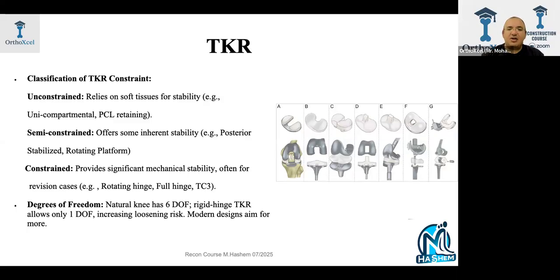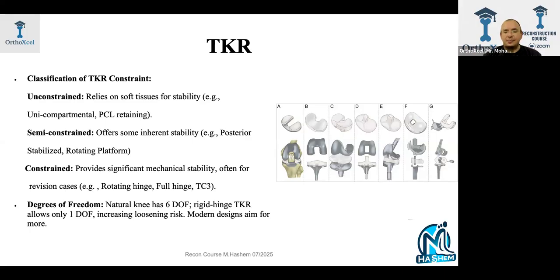The constrained knee maintains stability and compensates for any lost inherent stability, but we don't use a constrained knee for normal primary knees. It's a balance between the constraint and the failure. Every time you use a more constrained knee, you put more stress on the implant cement interface. Every time you use a less constrained knee, you maintain normal knee mechanics.